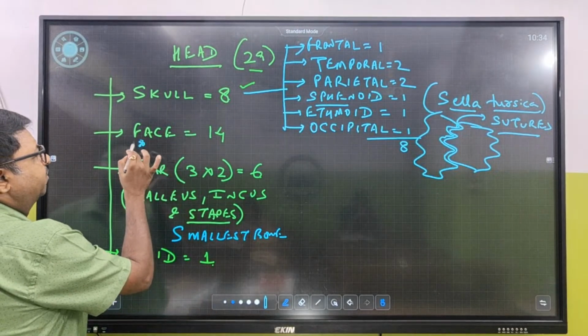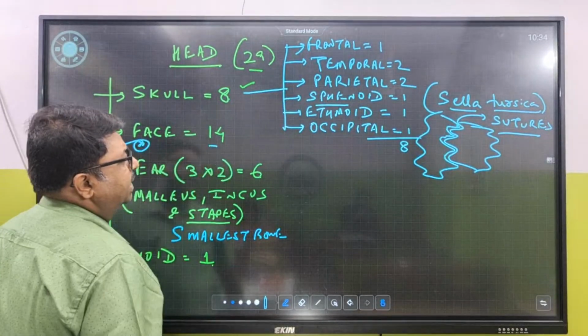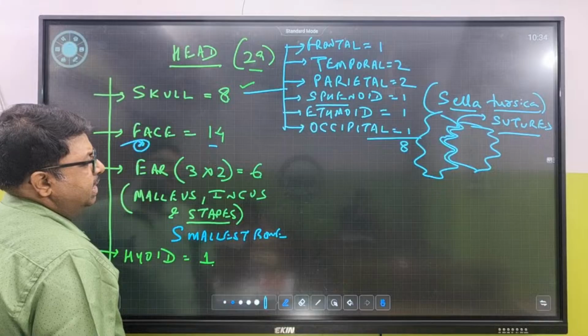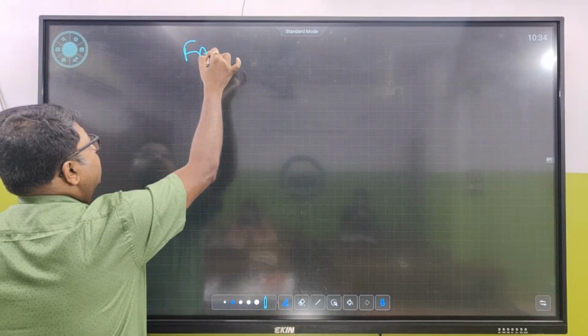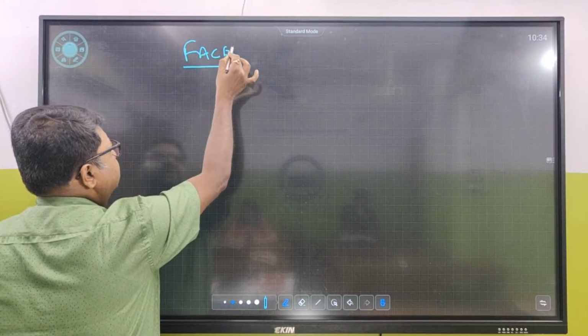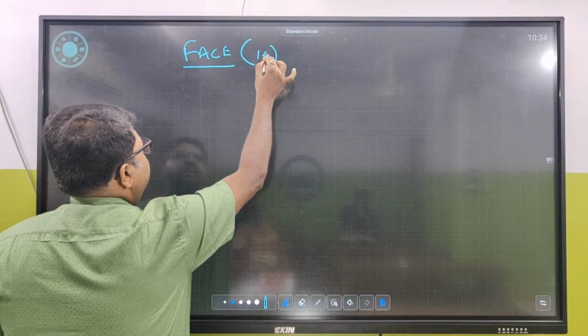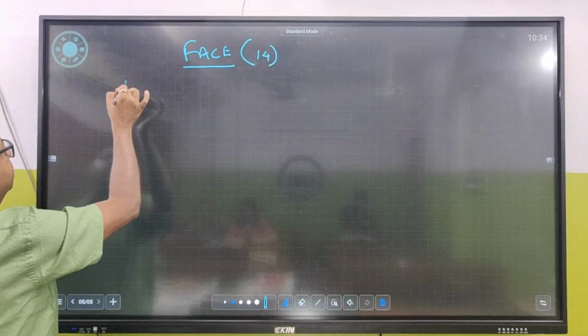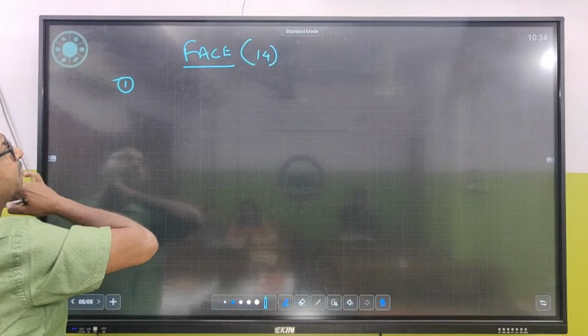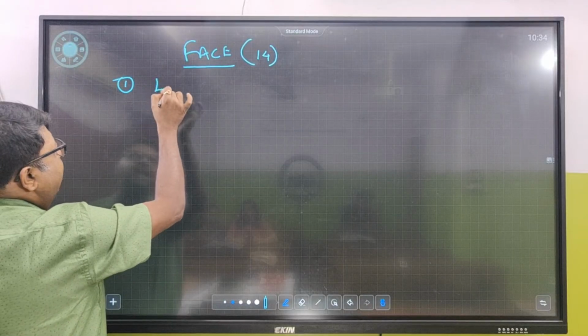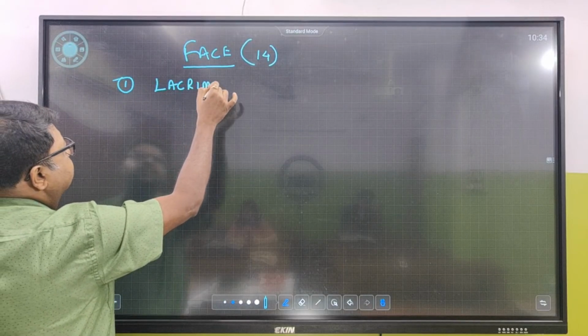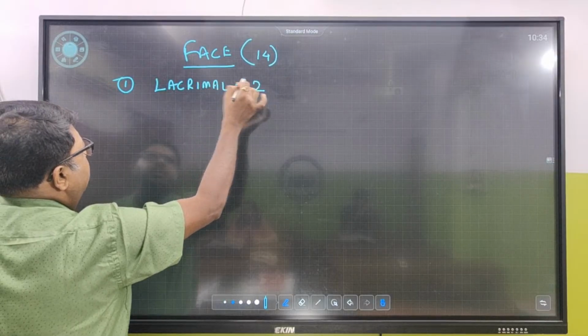So when we talk about the facial bones, there are 14 bones inside the face. Let's break it down, though it is not required, just for the sake of understanding. The first bone of the face is lacrimal. How many of them? 2.